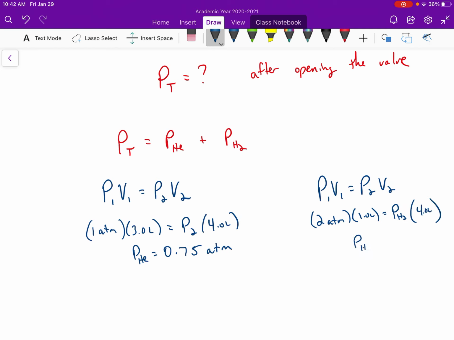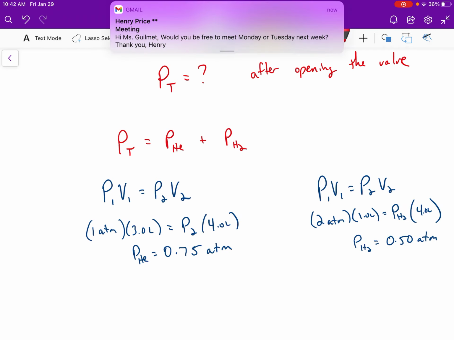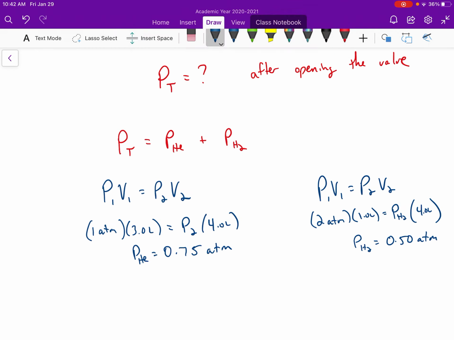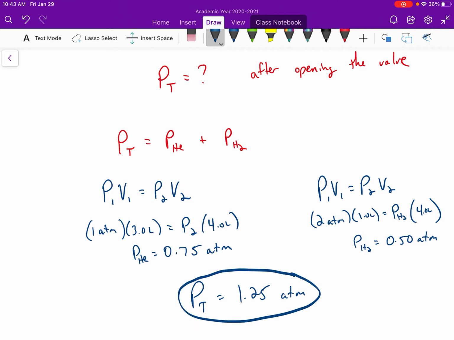So my pressure of hydrogen is going to equal 2 over 4, so 0.5 atm. Okay. All right. So now we can add these together, right? And P total is 1.25 atmospheres. And I guess with sig figs, since we're adding, we keep decimal places, so that's actually good. So the total pressure of this is going to be 1.25 atmospheres.